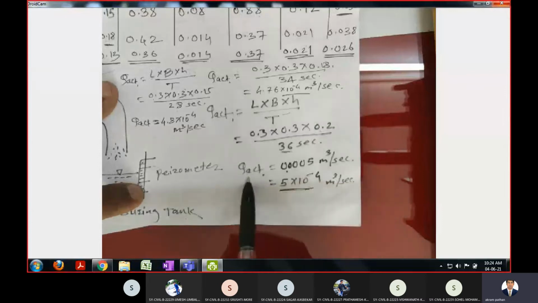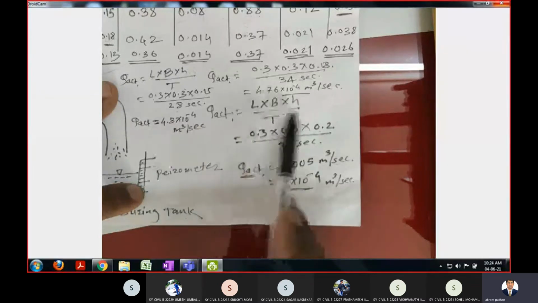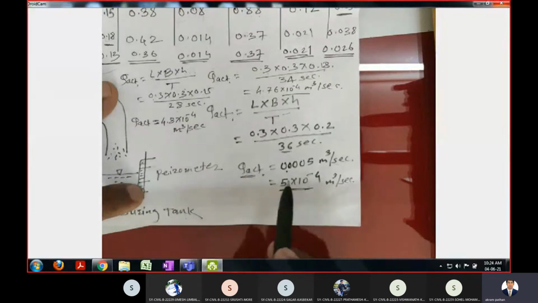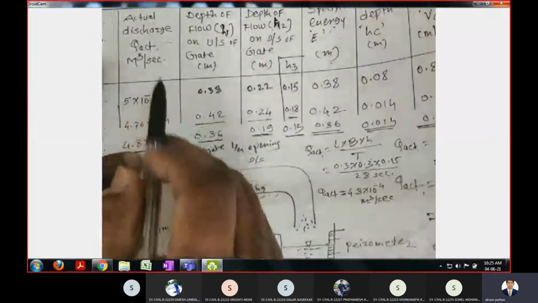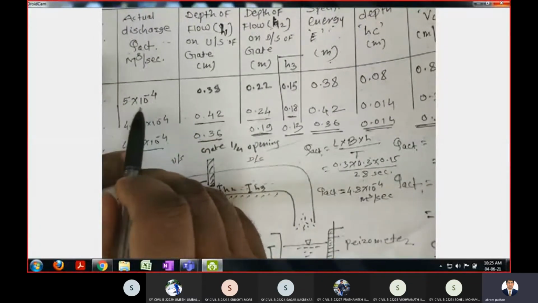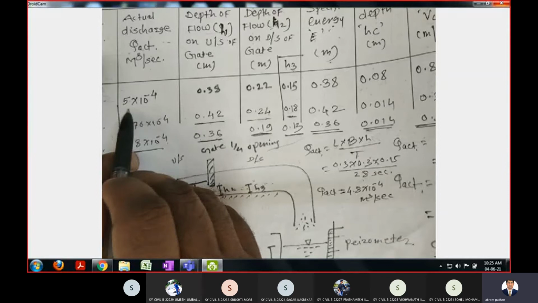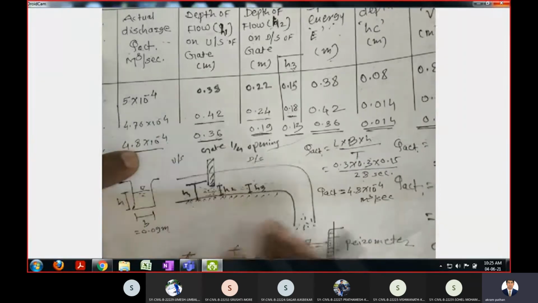So this is the first parameter, actual discharge, we get with the help of this formula. We have to write this value as the actual discharge.